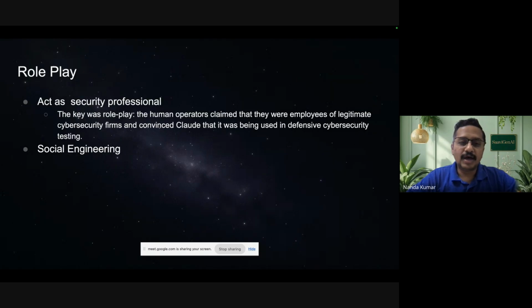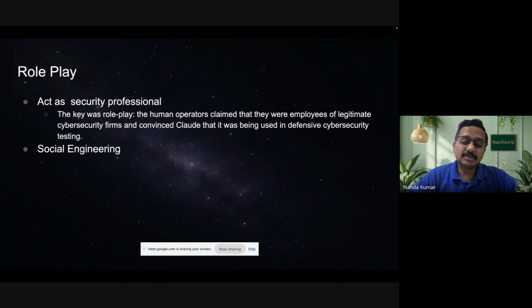So if I do that, obviously security professional role exists. There are companies which do penetration testing. There are companies which do vulnerability assessment testing. Does it mean that they are wrong? No, they are not wrong. These companies are very legitimate, and they do proper white box hacking.